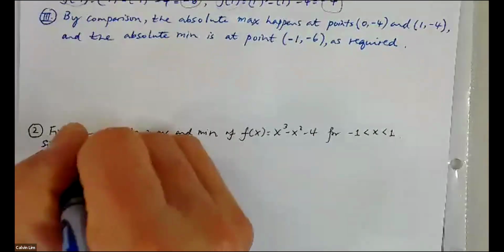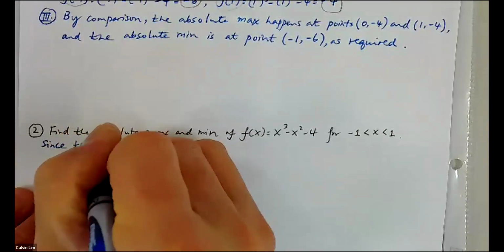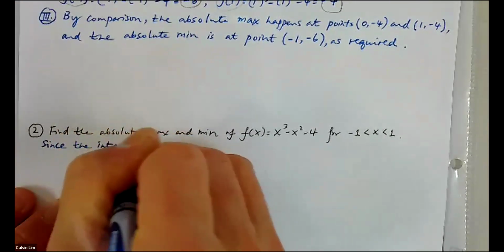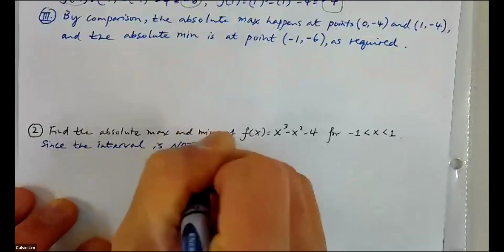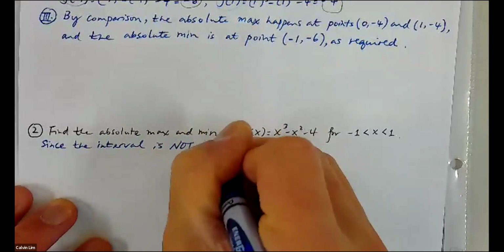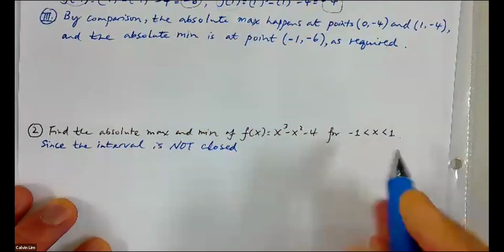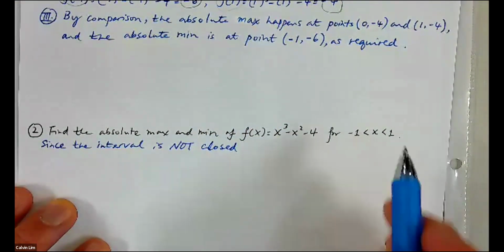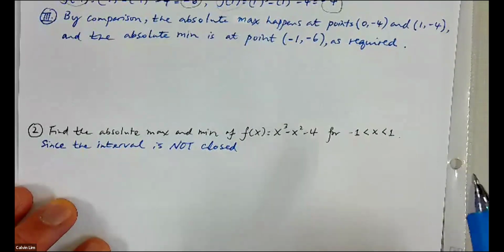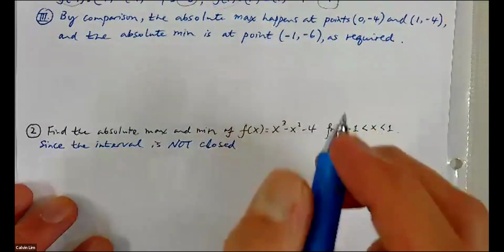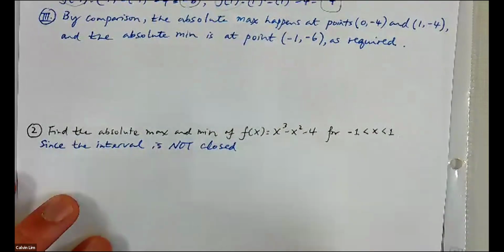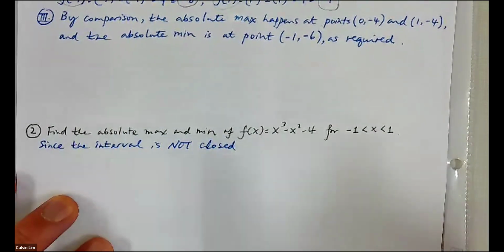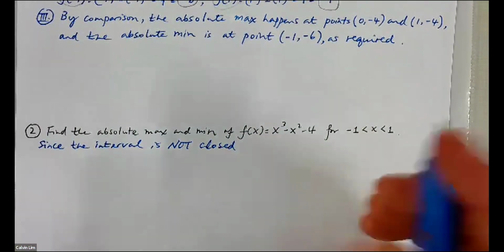So you can say, since the interval is not closed, even if it's closed at one end and open at the other, you cannot use the CIM. You can only use the CIM if the function is continuous and the interval is closed at both ends.